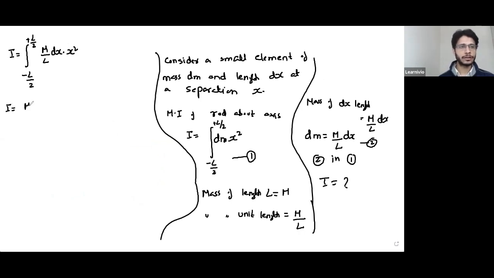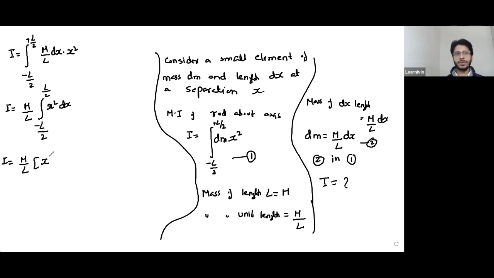You can take this m by L outside the integral, and you are left with the integral from minus L by 2 to plus L by 2 of x square dx. Now you can integrate it easily, right? If I integrate x square, it comes out to be x to the power 2 plus 1 over 2 plus 1.